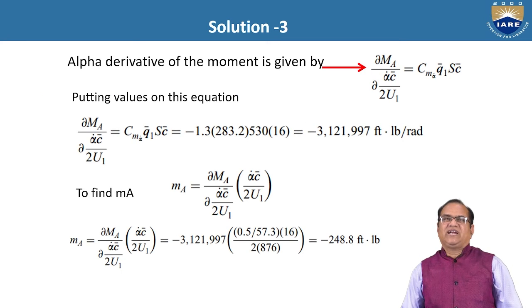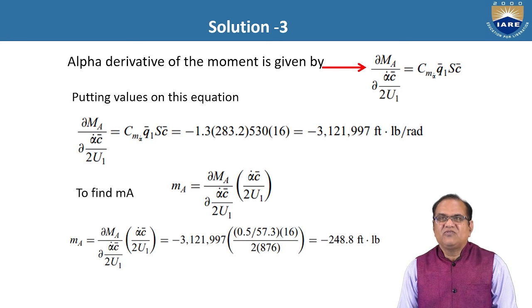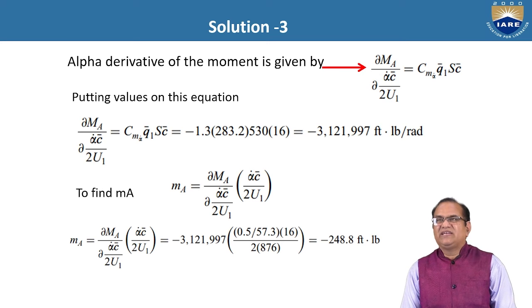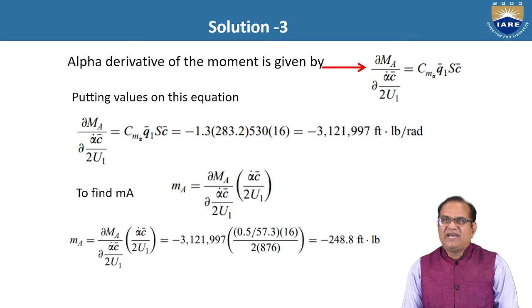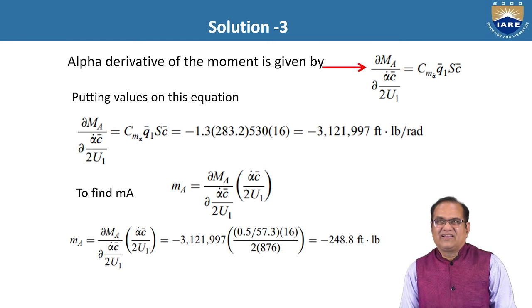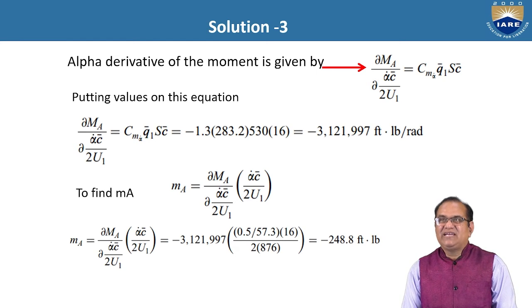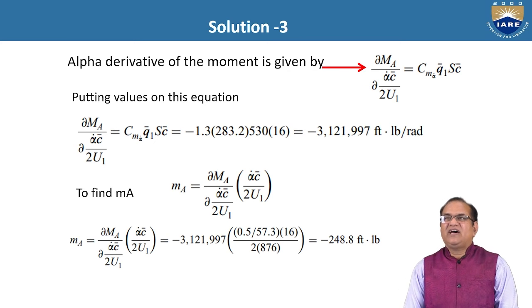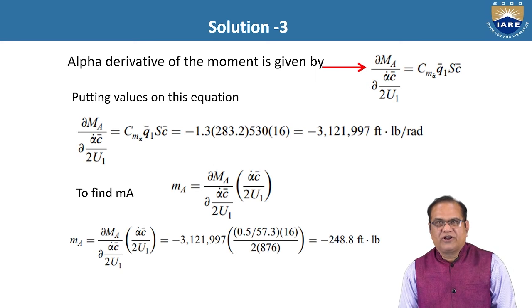So we know that the alpha dot derivative of the moment is given by dou Ma by dou alpha dot C bar by 2U1, which is equal to Cm alpha dot Q1 S C bar. Cm alpha dot is dCm by d alpha dot. Q1 is the dynamic pressure, S is the area, and C bar is the mean aerodynamic chord.